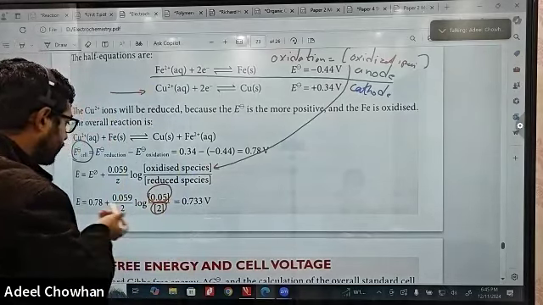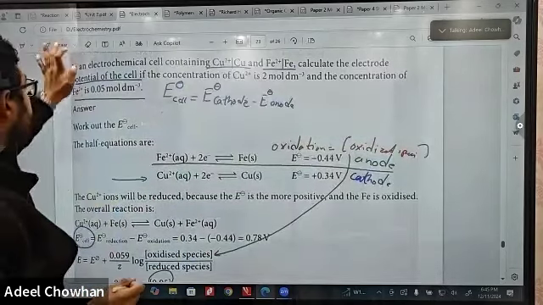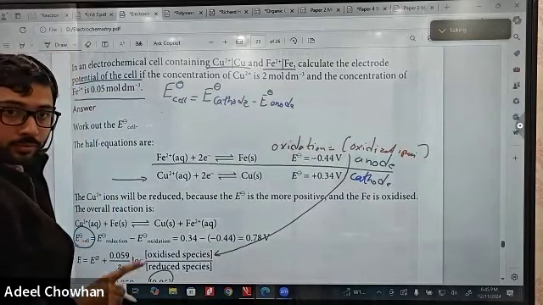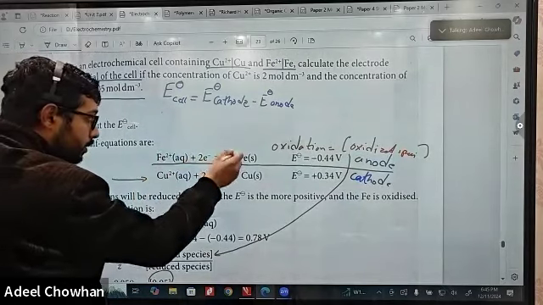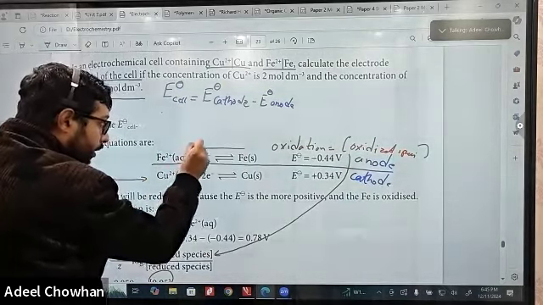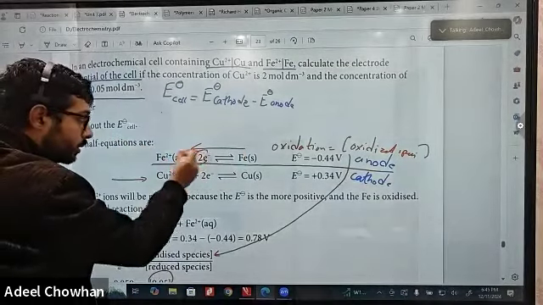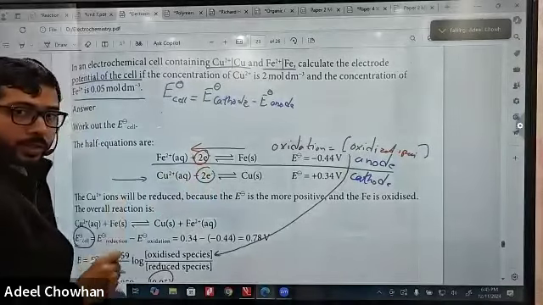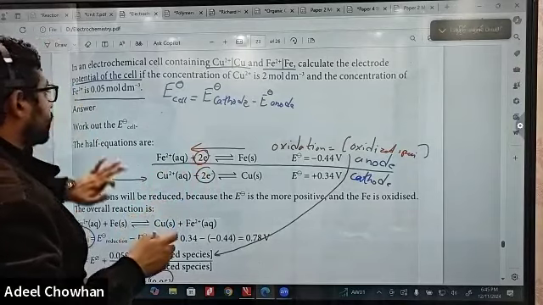So after calculation, and one more thing, how many electrons are involved here? Exactly, because for the anode, this reaction will be shown in the backward form, which means 2 electrons will be lost, and these 2 electrons will be gained in the cathode reaction, which means only 2 electrons are involved.